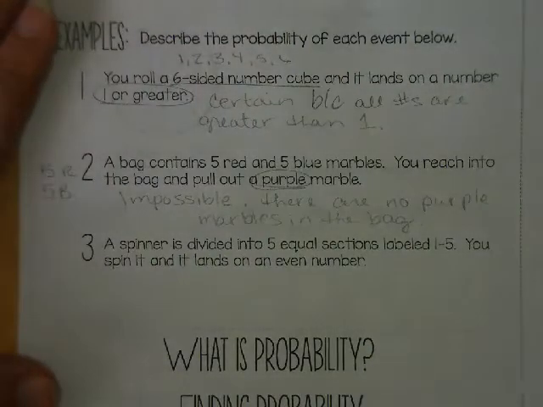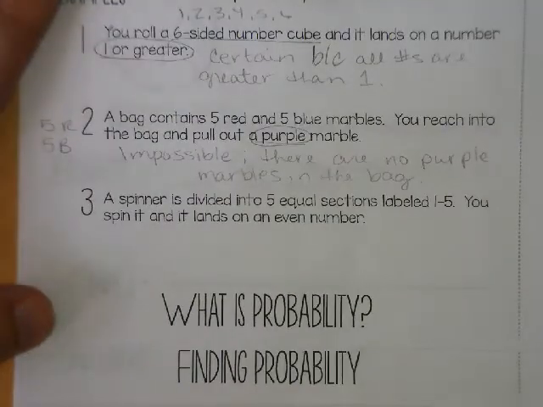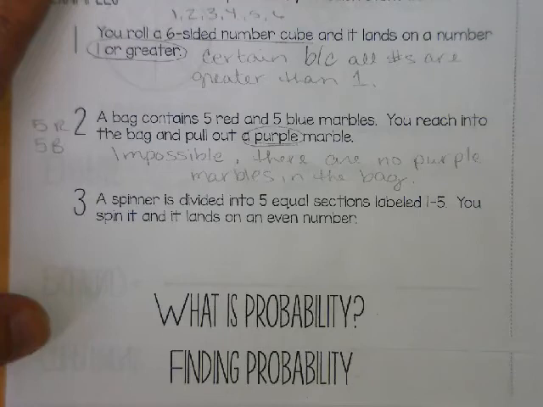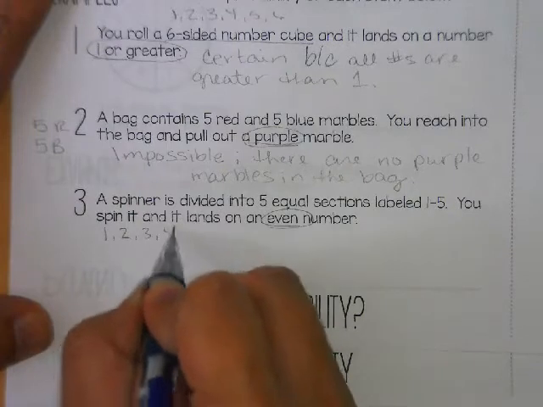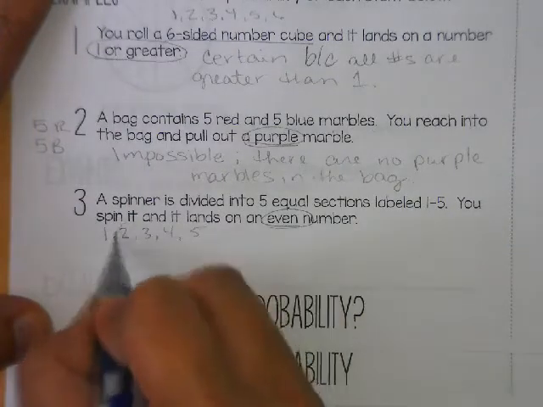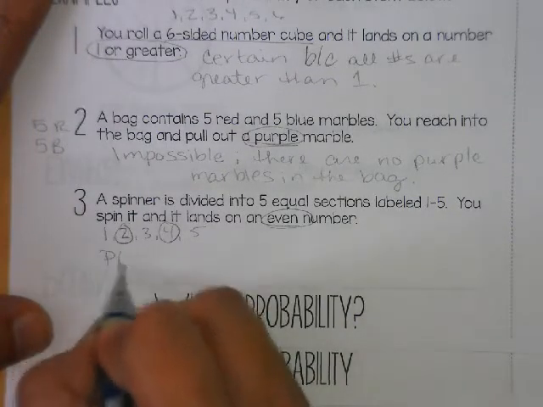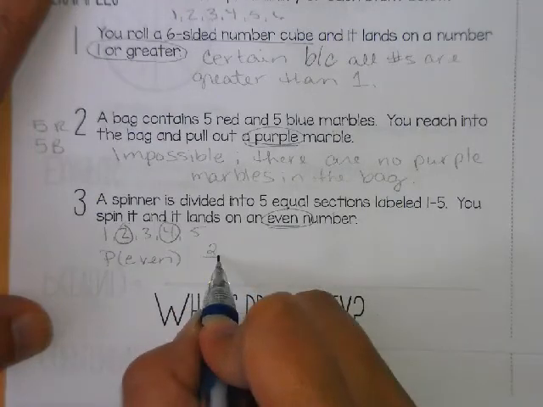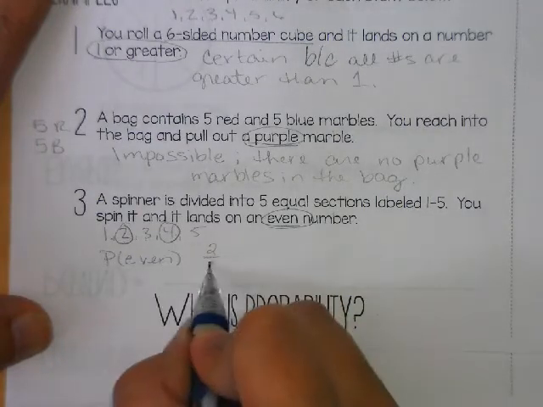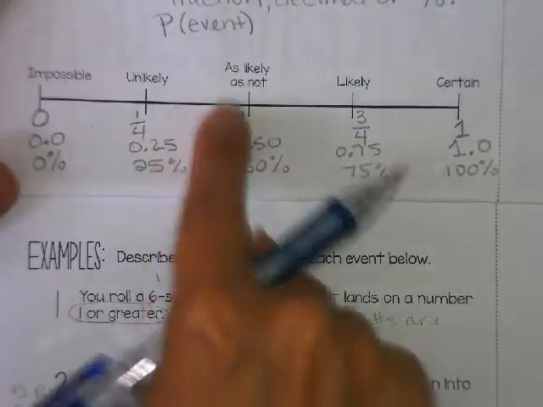If we have a spinner that is divided into 5 equal sections labeled 1 through 5, you spin it and it lands on an even number. So if these are my numbers, 1, 2, 3, 4, and 5, and I want an even number, we could even write P parentheses even. Well, I have 2 of those possibilities out of 5 total. So if we go to our number line, 2/5 is kind of in between here.